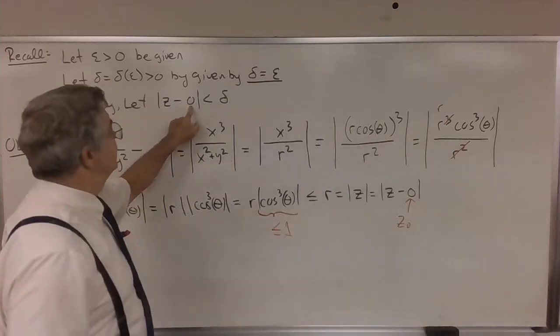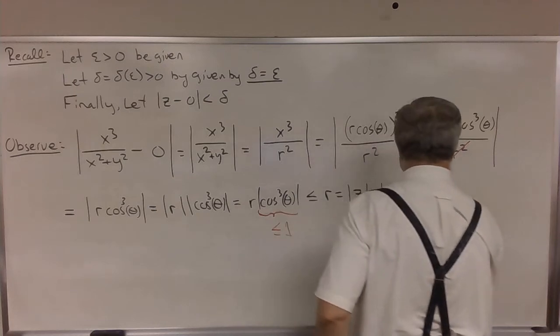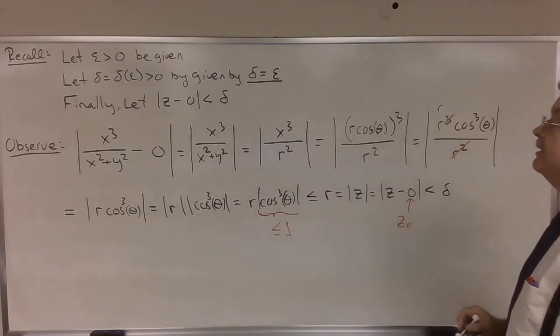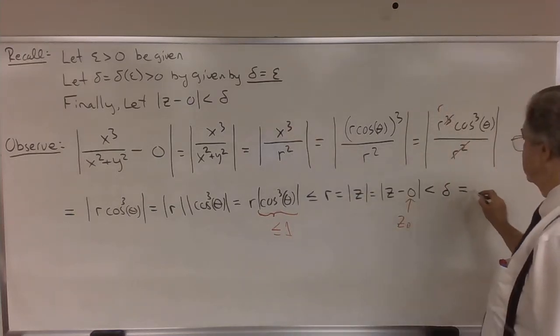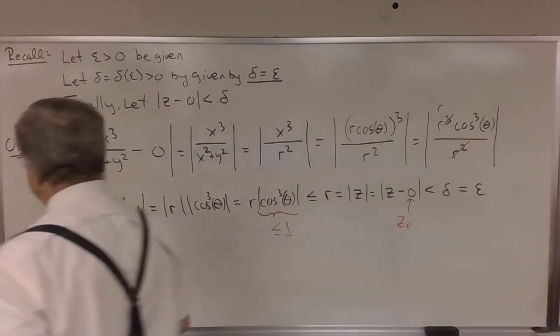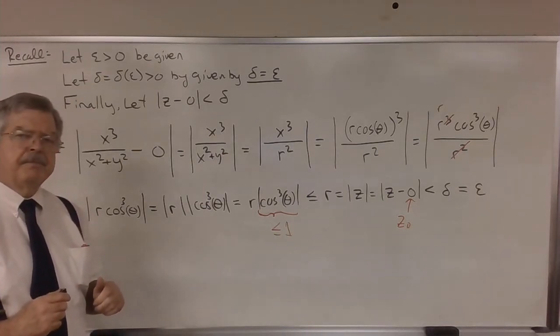The modulus of z minus 0 is less than delta, okay. But delta is equal to epsilon. So what exactly have we shown here?